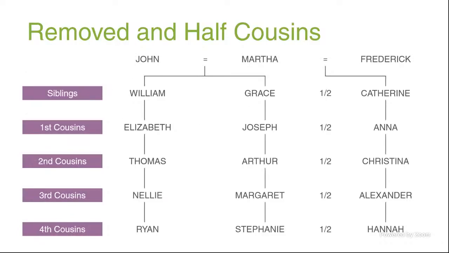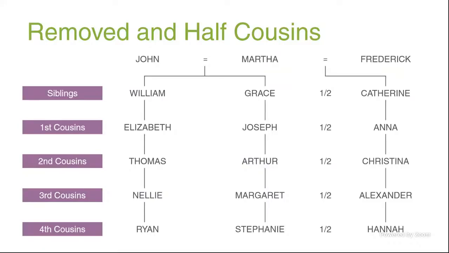I just want to walk through what these concepts are. To help demonstrate this, I put together a table showing the children of a woman named Martha. Martha marries a man named John and has two children for sure, William and Grace. William has a daughter named Elizabeth, who has a son named Thomas, who has a daughter named Nellie, who has a son named Ryan.